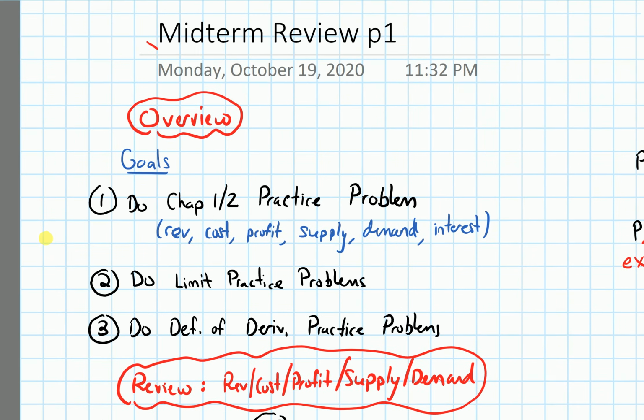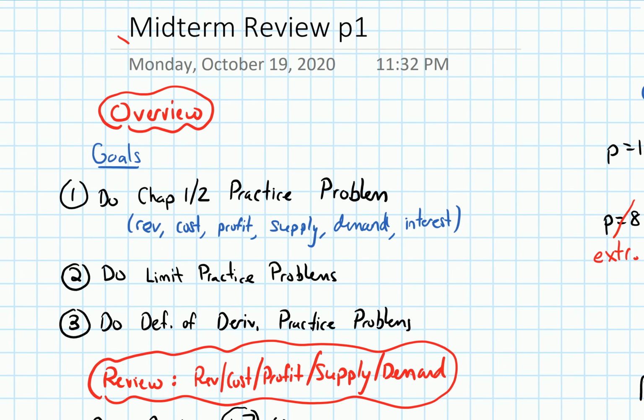Okay, so in terms of our goals for this review section, we have done an example from chapter 1 and chapter 2. And again, like I mentioned at the beginning, there's no way that in one day's worth of videos I can review everything. I'm trying to pick just a bunch of problems that I feel would be good practice. So in this problem, we practiced things like supply and demand.